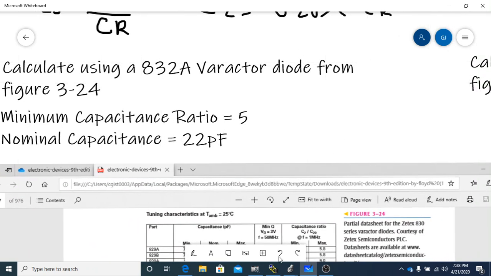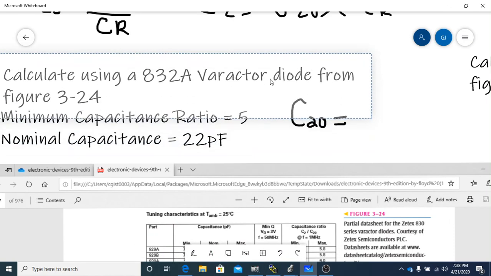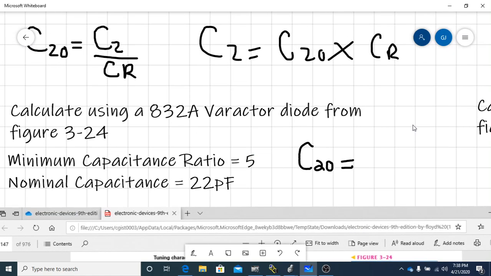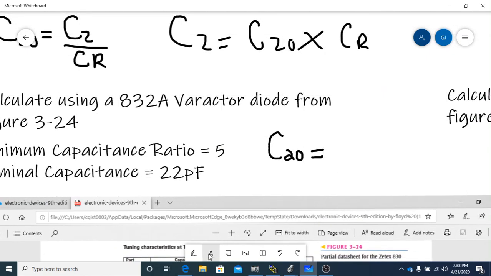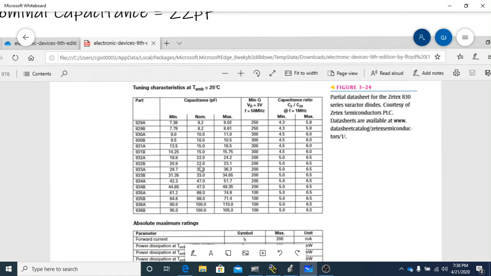So in this one here, we'll go ahead and figure it, even though we already did it in the lesson. So C20 equals, and we have to know what C2 is. C2 is going to be the number that you're going to pull out of here, the capacitance. It's going to be the nominal capacitance.